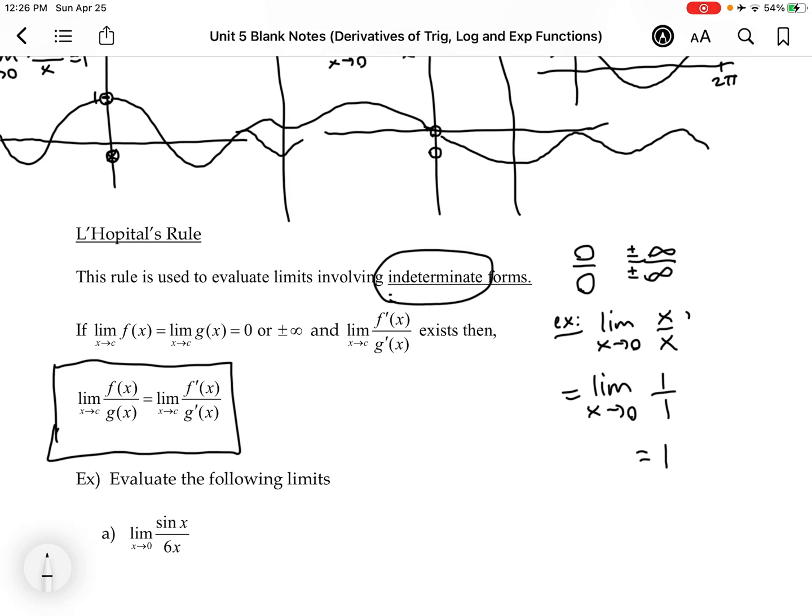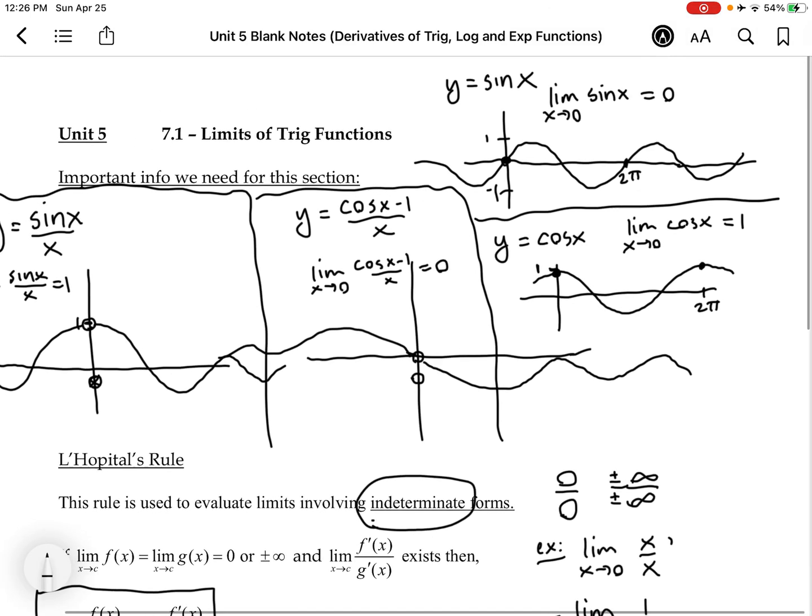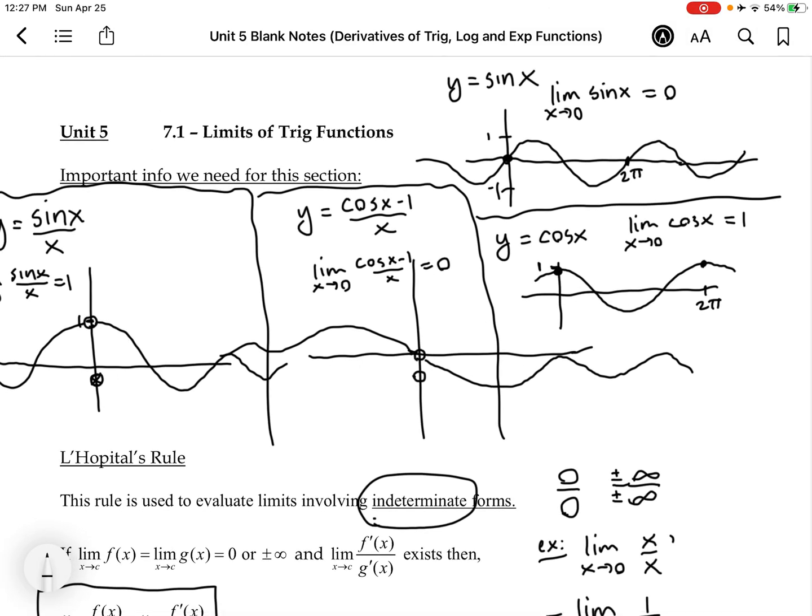Okay? So, L'Hopital's rule can actually help us to understand why these two functions, y equals sine x over x and y equals cos x minus 1 over x, have the limits that they do. Because, in fact, they are both indeterminates. The value of sine x when x equals 0 is 0.